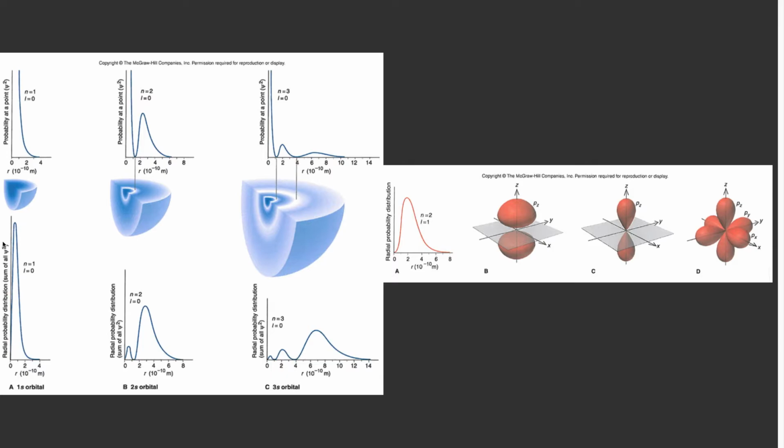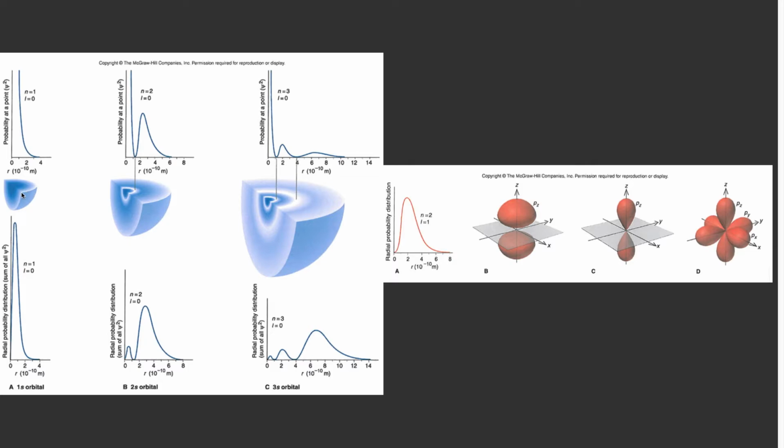The radial probability distribution is the sum of all the individual little probability functions at any volume element. And so the radial probability function takes into account not only the probability of finding the electron in an individual volume element at a certain distance, but also how many volume elements there are at that distance. The further you get from the nucleus, the larger number of individual volume elements of the same size there are at that distance.